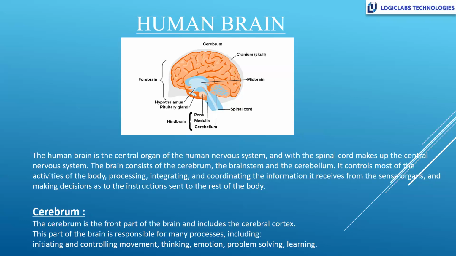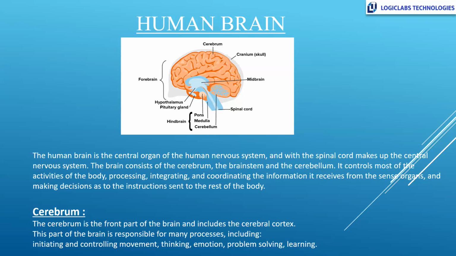This is what happens because of the brain, and coordinating the information it receives from the sense organs, and you need to make your own decisions as the instructions are sent to the rest of the body. All of this has to be thought out only by the brain.